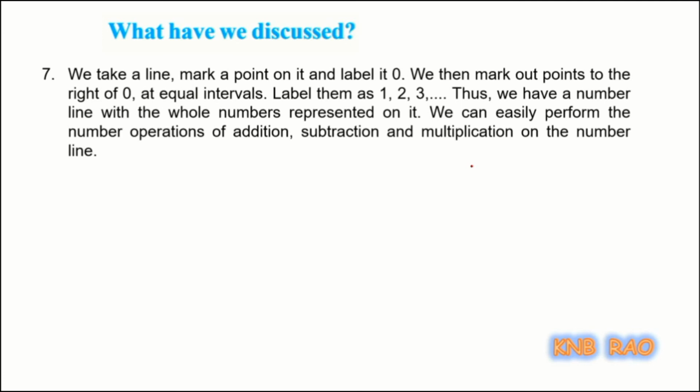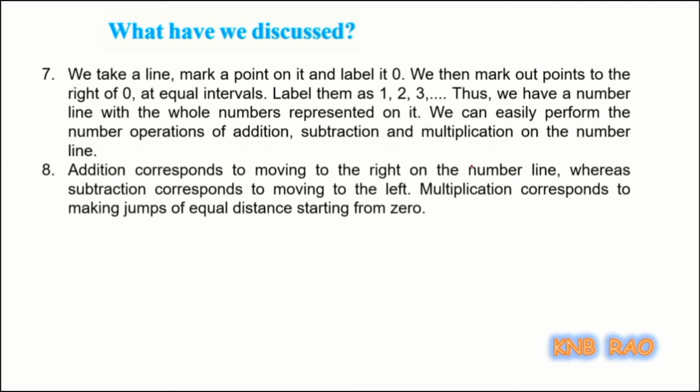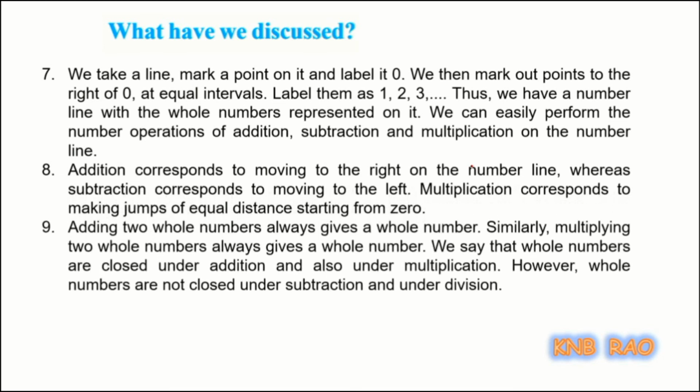Okay, then the next one: addition corresponds to moving to the right on the number line, whereas subtraction corresponds to moving to the left. Multiplication corresponds to making jumps of equal distance starting from 0. Then we learnt that adding two whole numbers always gives a whole number.